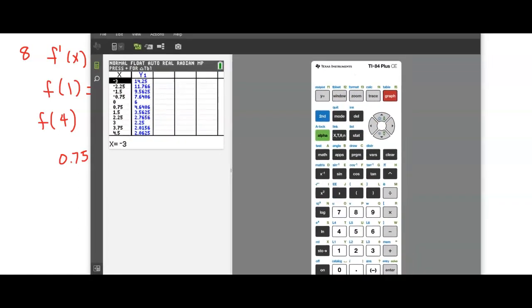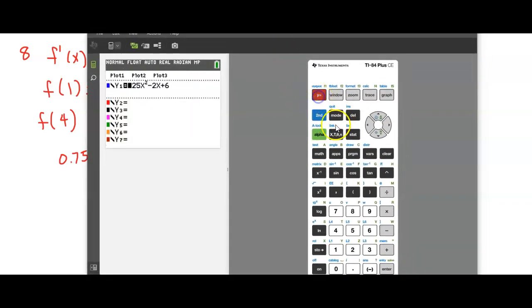Pull this down a little bit. Clear. Sine of 3x, close parentheses, plus second e to the x.